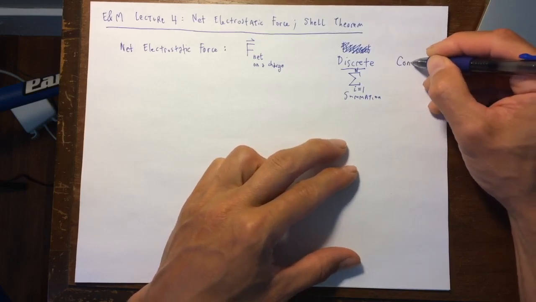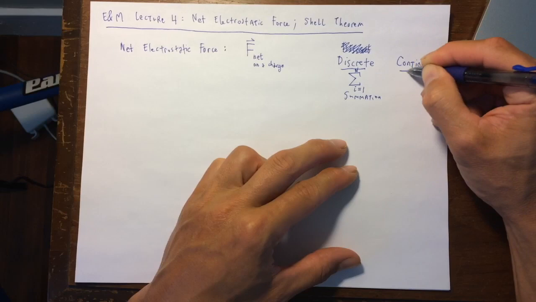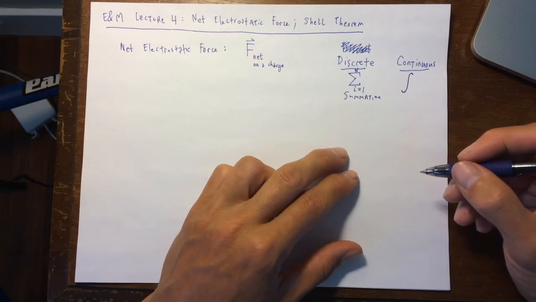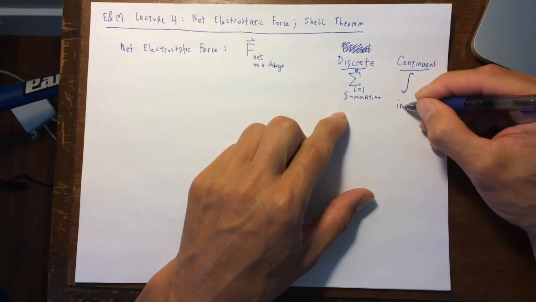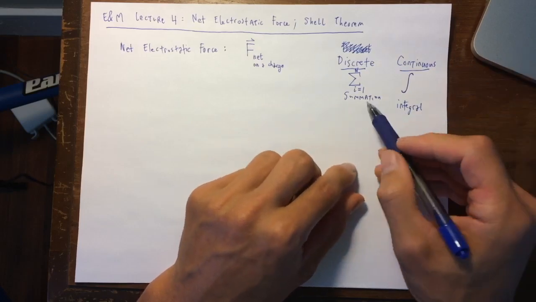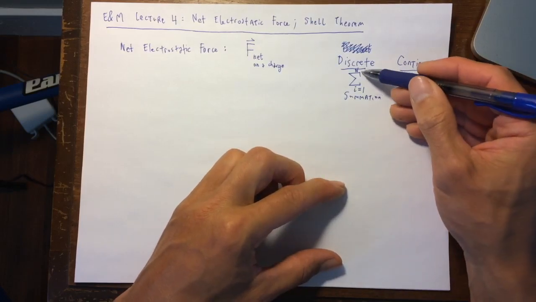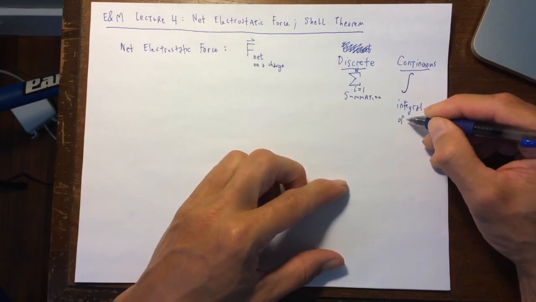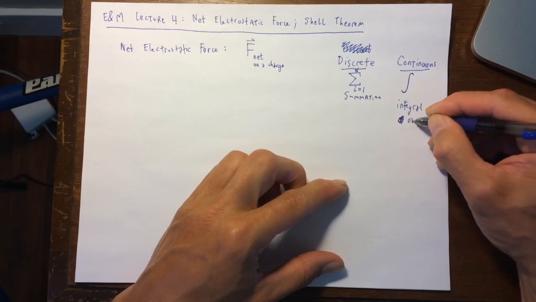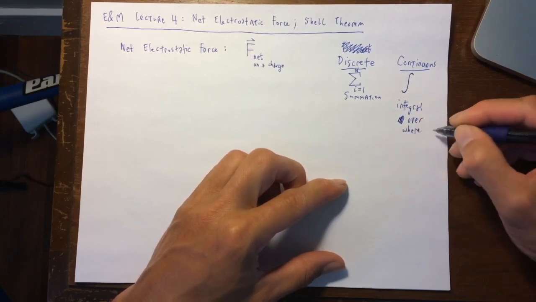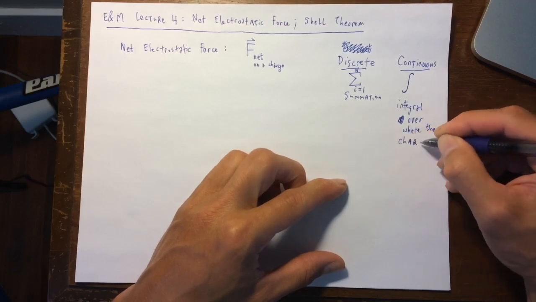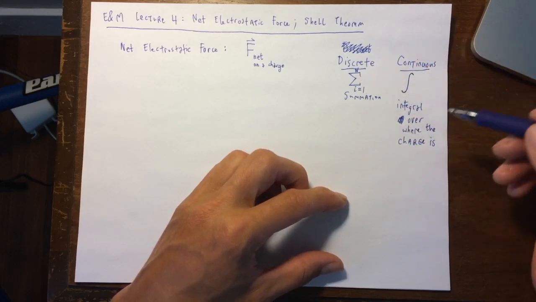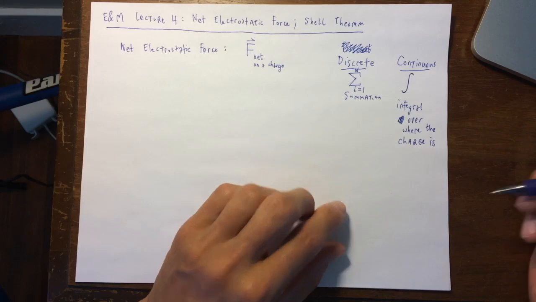Or I can do what's referred to as the continuous case, and I will use an integral, for integration. So if this is the summation over a bunch of particles indexed by n, this is an integration over where the charge is. This is the sum over all the charges, or the integration over all of the charge.